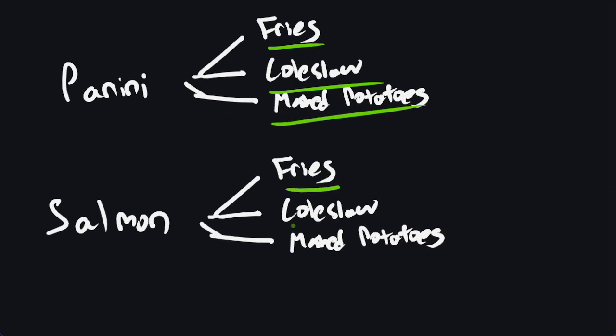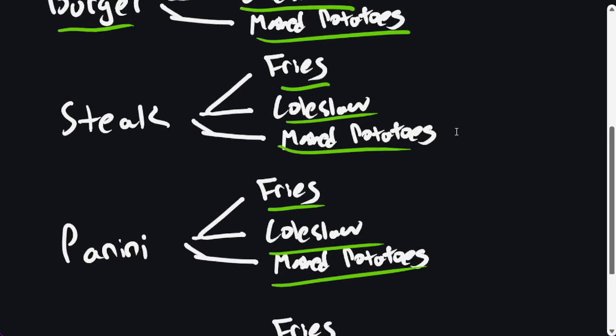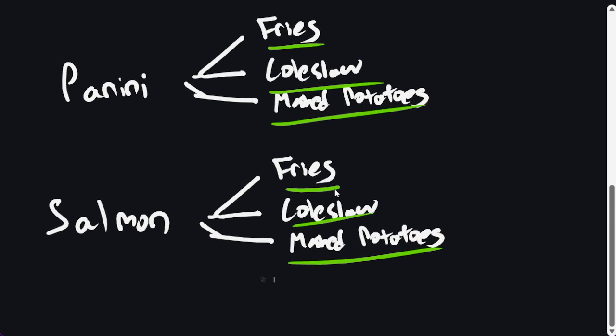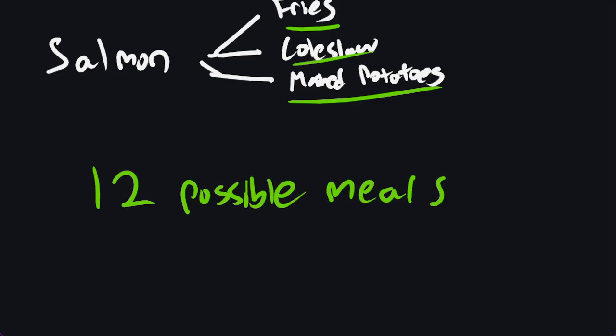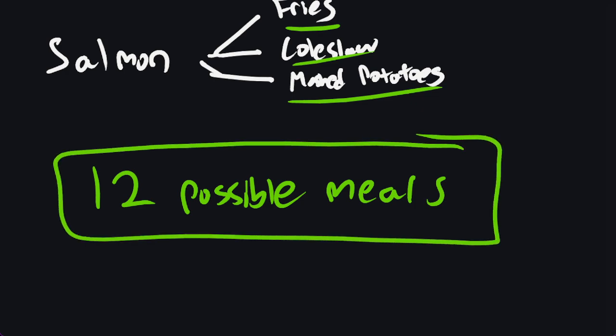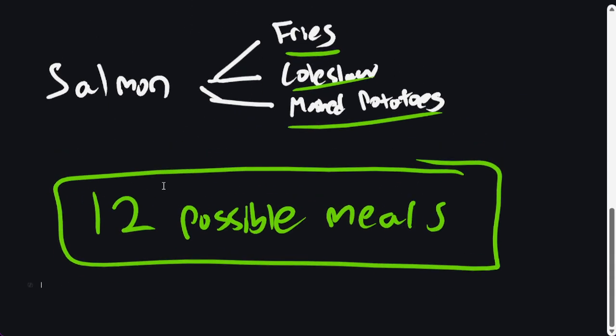You could have it with fries, coleslaw, or mashed potatoes. So if you count it all, 1, 2, 3, 4, 5, 6, 7, 8, 9, 10, 11, 12. So there are a total of 12 possible meals given this menu. So our answer is 12.